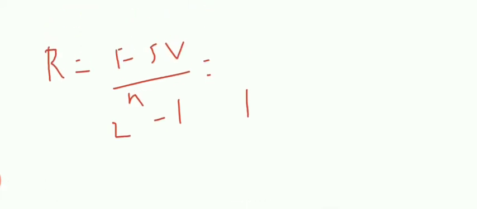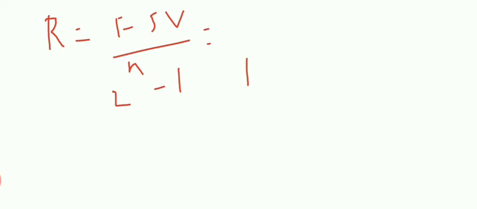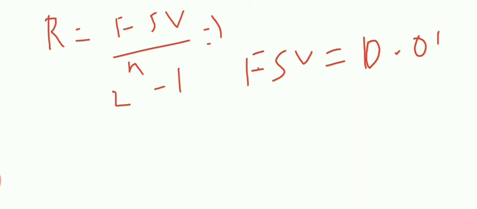So here FSV is equal to resolution 10 millivolt. 10 millivolt means 10 into 10 power minus 3, that is 0.01 into 2 power n minus 1. It is a 10 bit.